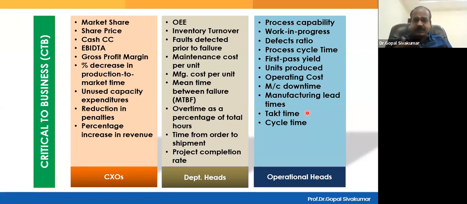So in lean session, you will be learning the terminology related to cycle time, takt time, lead time, and all of this. However, ultimately, when you are trying to improve any metric, make sure you have a clarity on what it is. It should be a Y and it should be a specific Y. Then it becomes a candidate for DMAIC project.